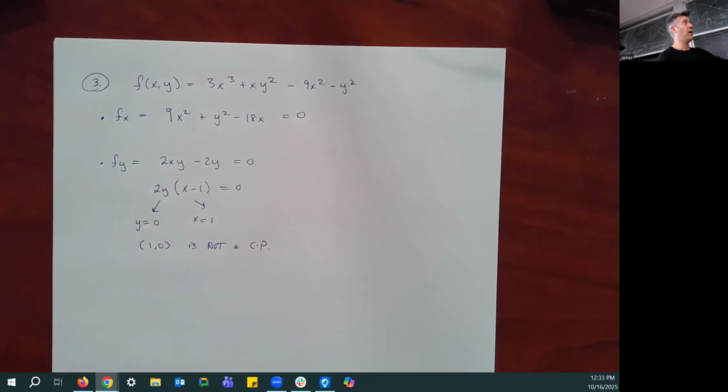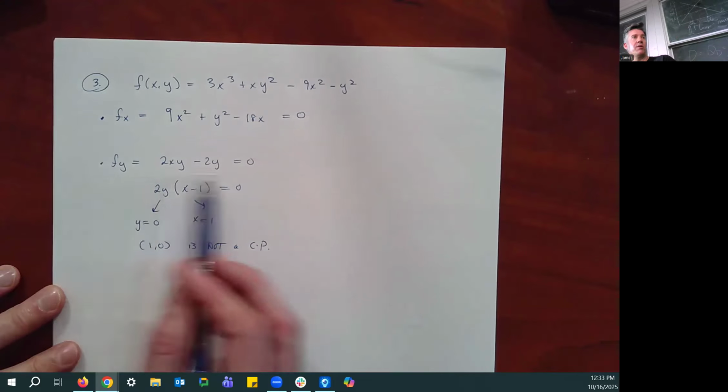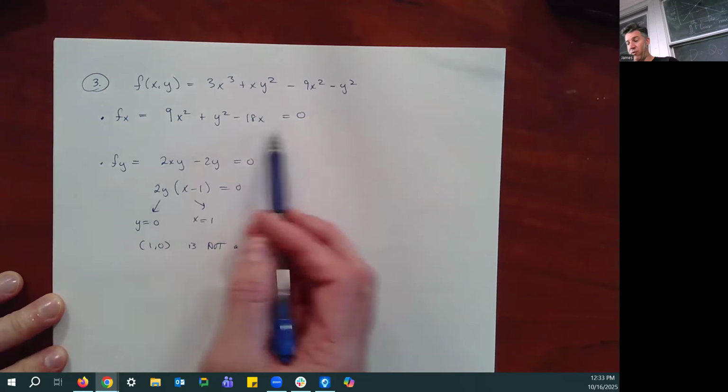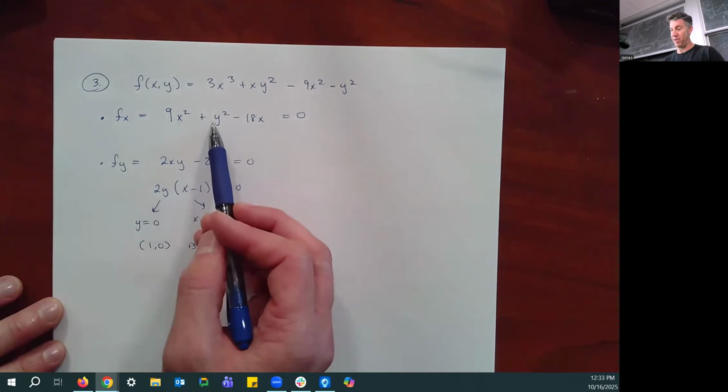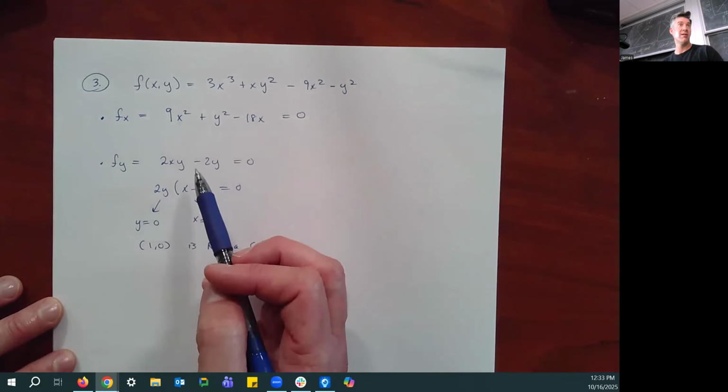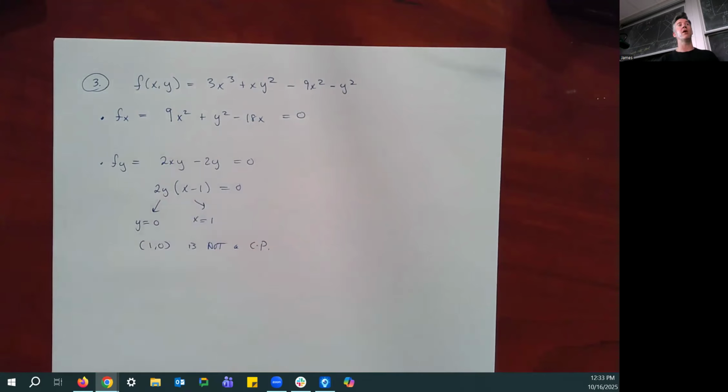To be a critical point, that point has to make both partial derivative equations equal to 0. If I plug in 1 for x and 0 for y, this equation is going to be 0, but in the other I get 9 plus 0 minus 18, which is negative 9. So don't fool yourself here.